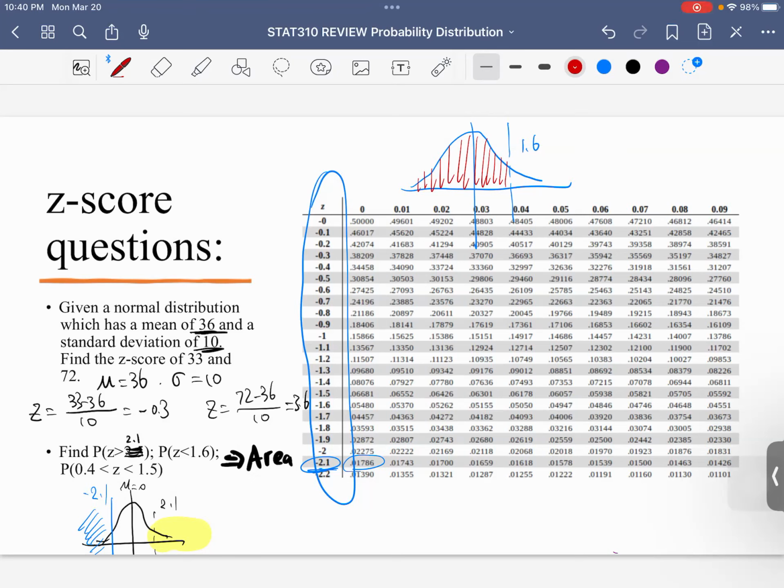According to symmetry, you can always get the value on this tail by negative 1.6. And the remaining value, which is the left-hand side, is just 1 minus that value. So which means P(z less than 1.6) equals 1 minus P(z less than negative 1.6).